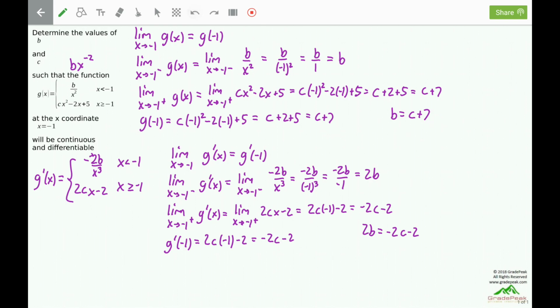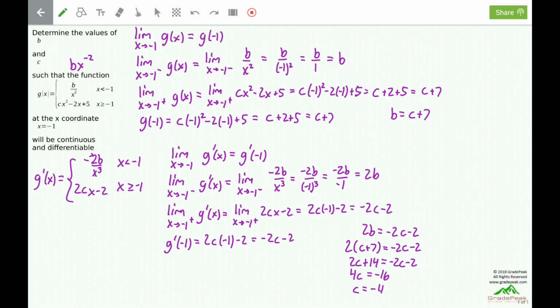So that will give us 2 times c plus 7 equals negative 2c minus 2. 2c plus 14 equals minus 2c minus 2 after distributing the 2 on the left side. Add 2c to both sides, so we have 4c. And subtract 14 from both sides equals negative 16. Now divide both sides by 4, and c comes out to a negative 4.